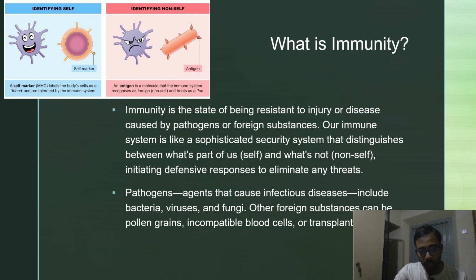The immune system also protects us from other foreign substances. There are various allergens like pollen grains, and there can be incompatible blood cells. If blood is transfused to a human and the blood groups are incompatible, then immune reactions take place against the transfused blood. And also, transplants, although actually that is not a protection response.